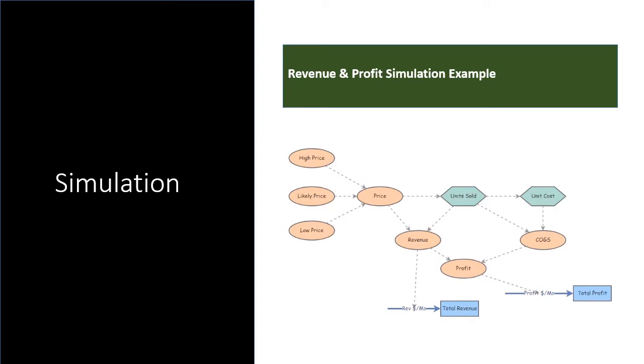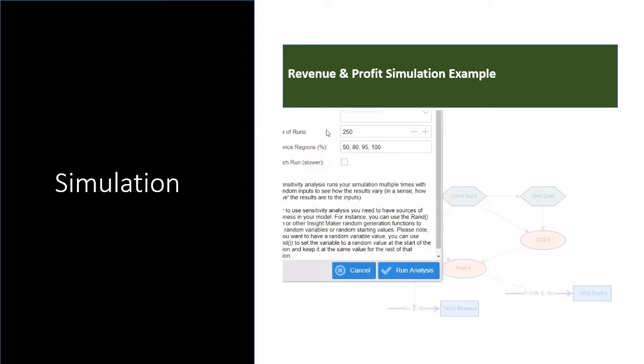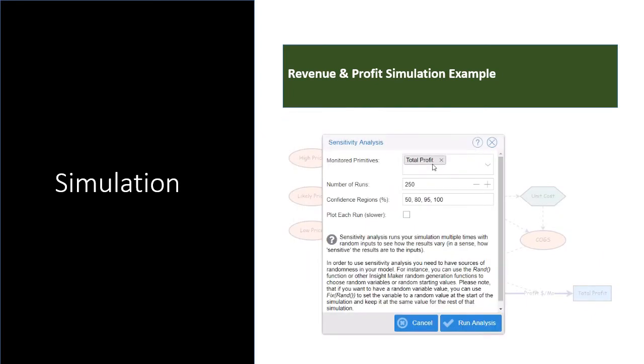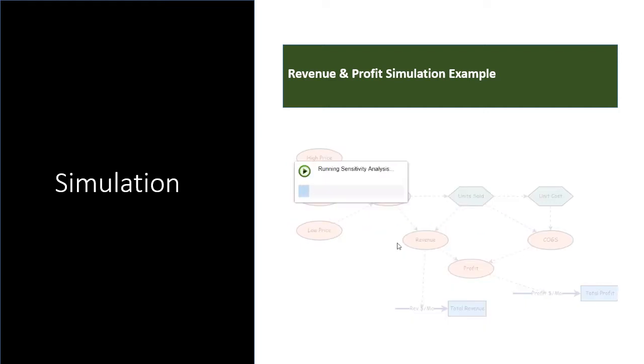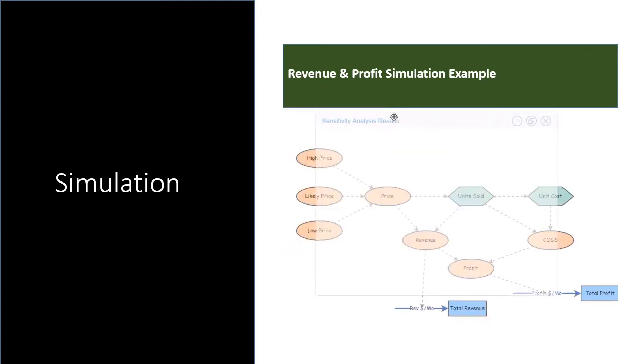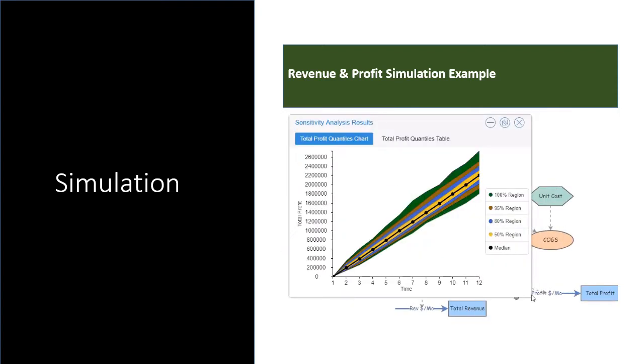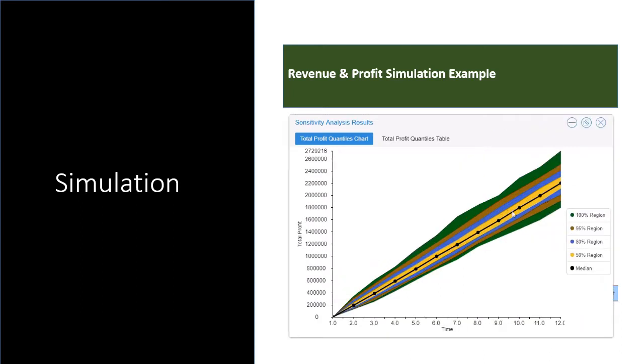Here we run the simulation, taking a look specifically at profit. And the simulation will estimate the likely outcome for profit in this model. This graph is showing the output from the simulation. The black line is the median, the expected value.